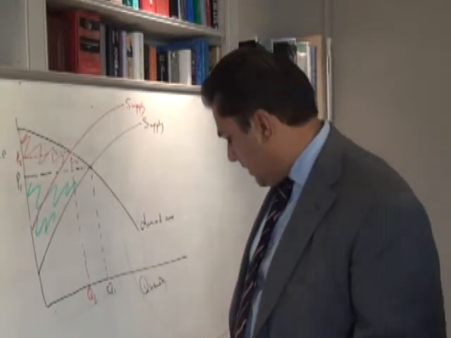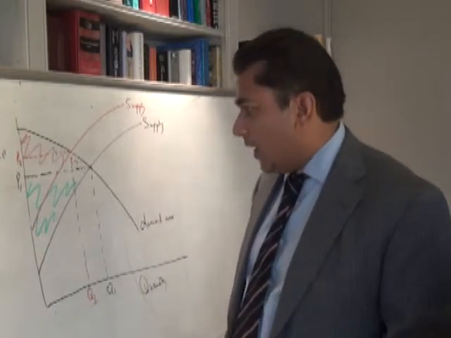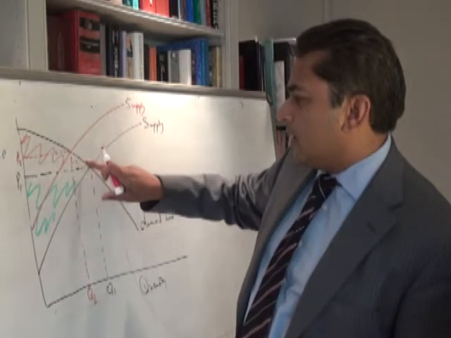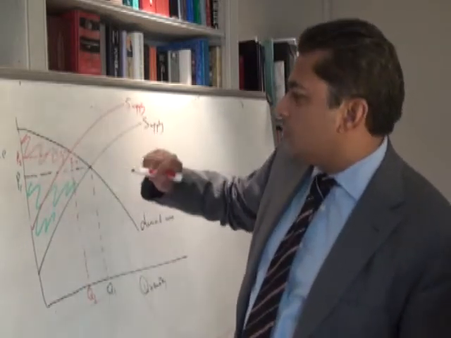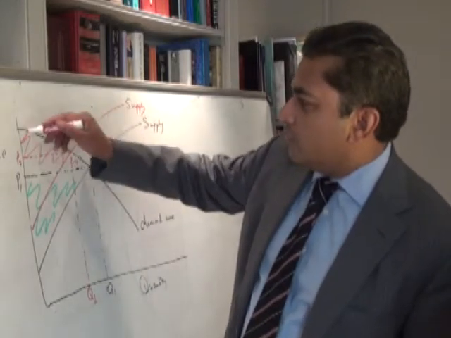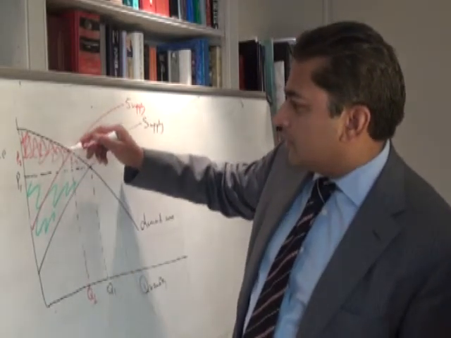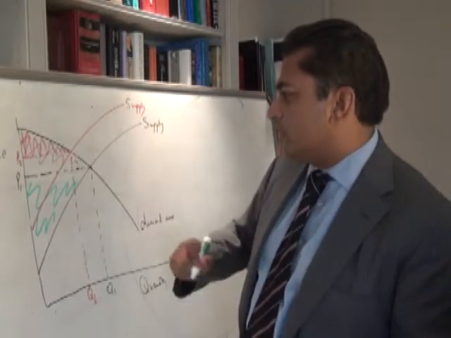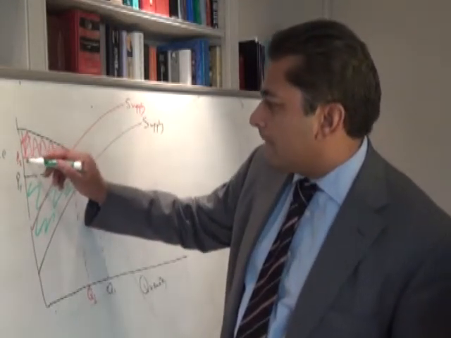What have you done by doing this to that consumer surplus that was this amount here? You have reduced it. It goes above the price curve and below the demand curve. So you've reduced the consumer surplus to this. And you've reduced the producer surplus to this.